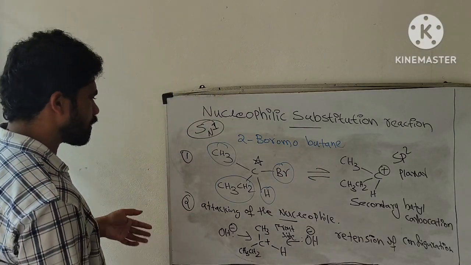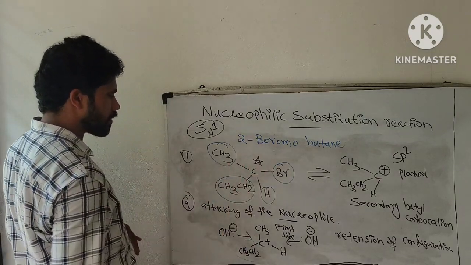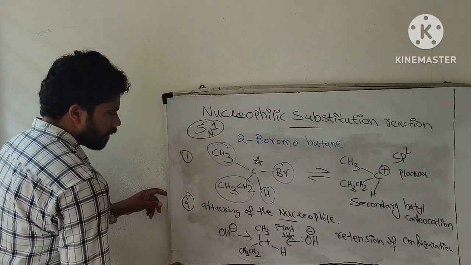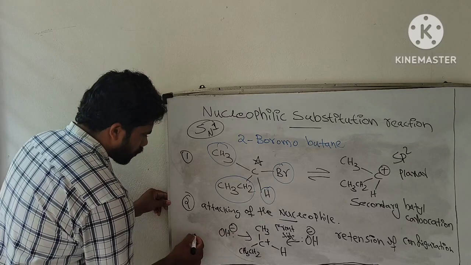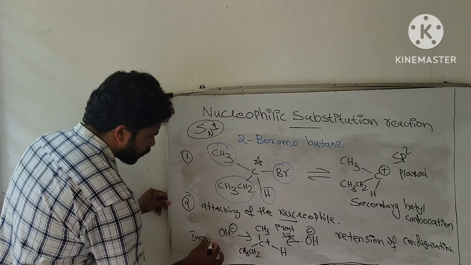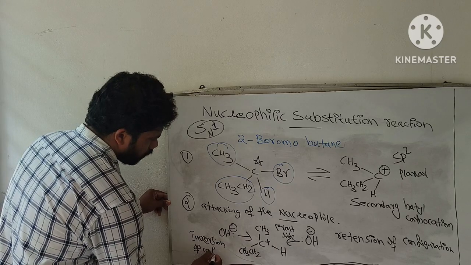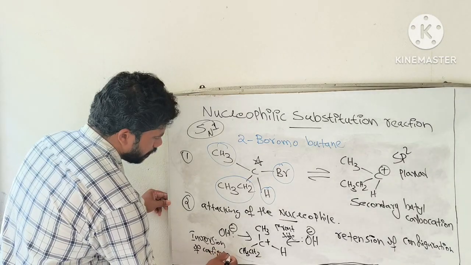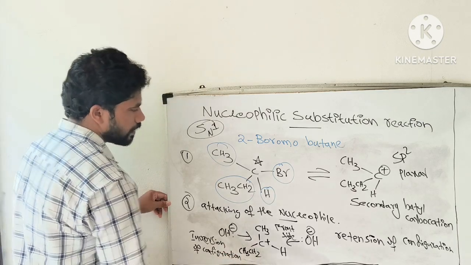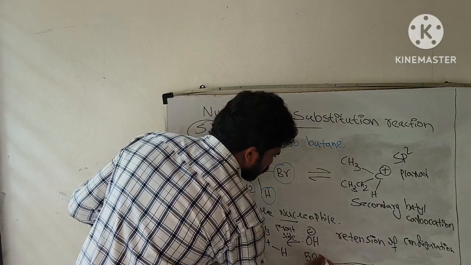When the nucleophile attacks the back side, inversion of configuration will happen. So there is a 50-50 chance.